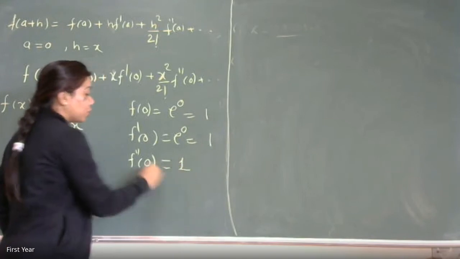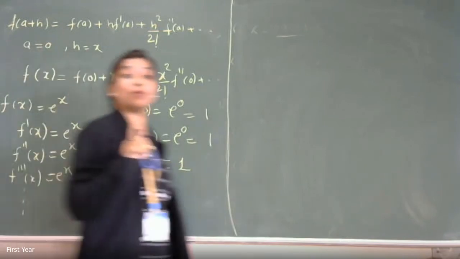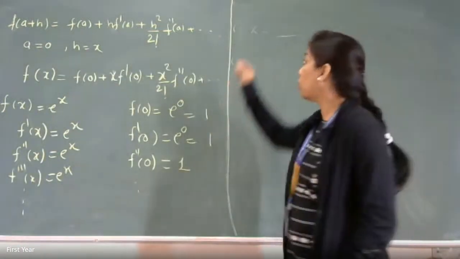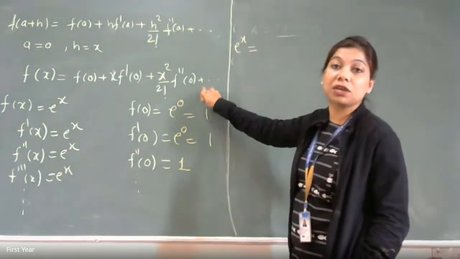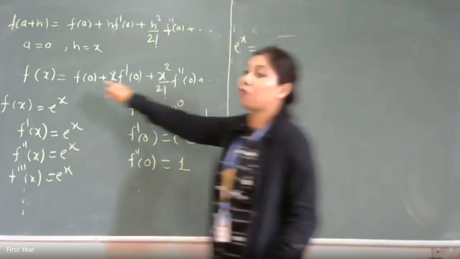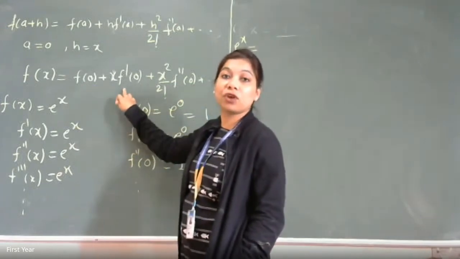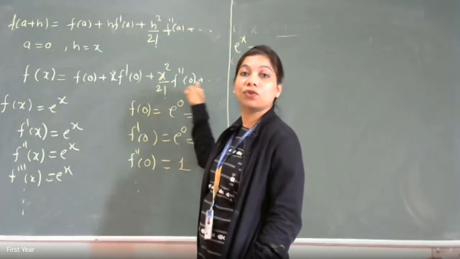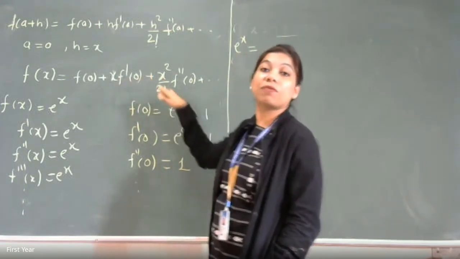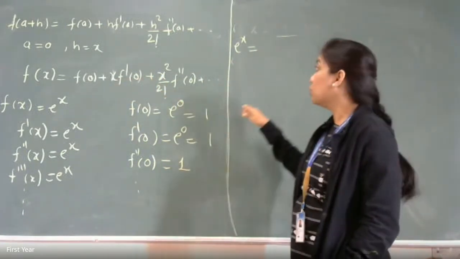This is also 1. So all the derivatives are turning out to be 1, and therefore your expansion for e raised to x using Maclaurin series. What's a Maclaurin series? F of 0 plus x f dash of 0 plus x square by 2 factorial f double dash of 0 and so on. So substitute the values of f of 0, f dash of 0 and you will get the answer.